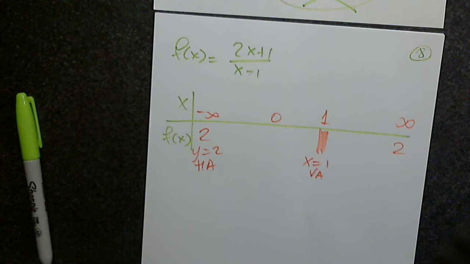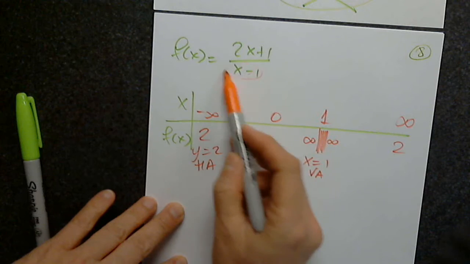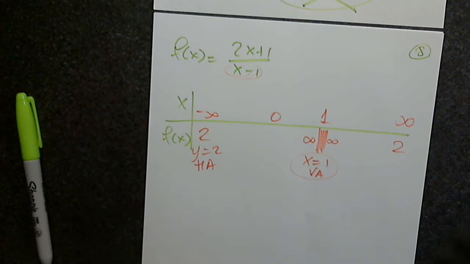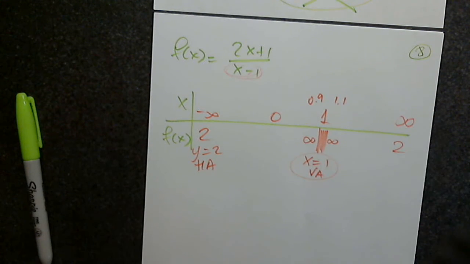Ready? I know that these are infinities. How do I know? Because the factor stays, and I know it's a vertical asymptote. So please plug in 0.9 and 1.1 and tell me the signs. I'm not going to plot any of that. I only need the sign.